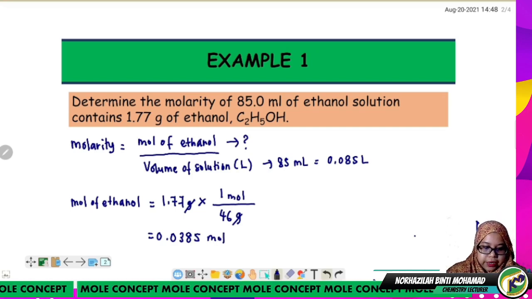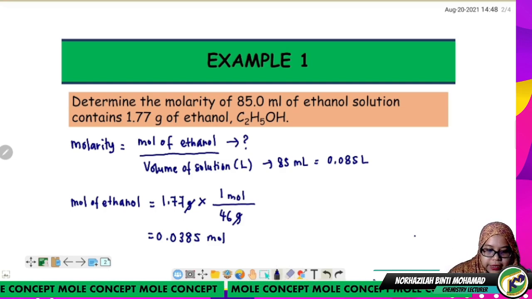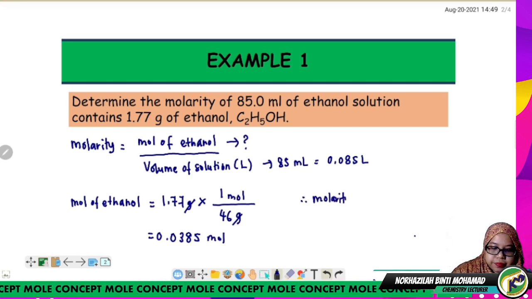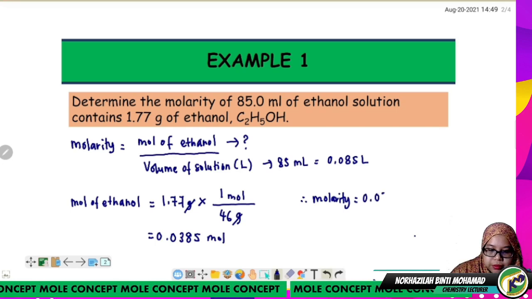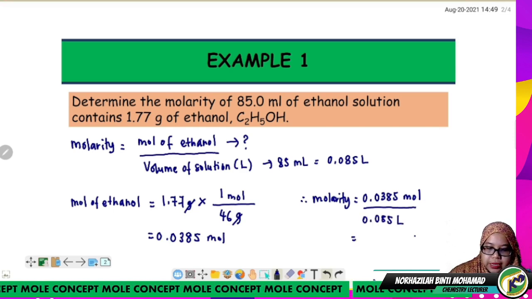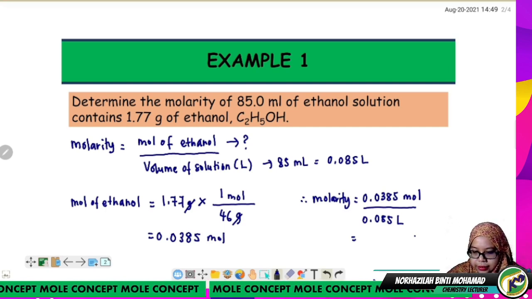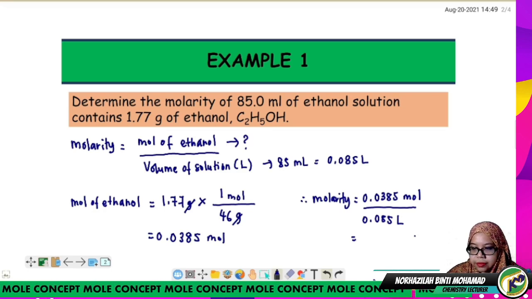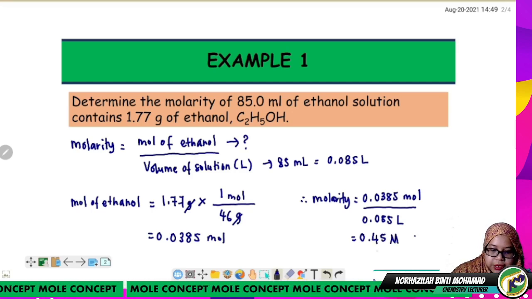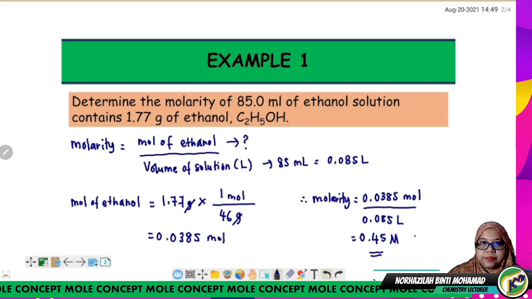Now that we have calculated the number of moles of ethanol, we can calculate the molarity. The molarity equals 0.0385 mole divided by 0.085 liter, and we get 0.45 molar. This is our answer.